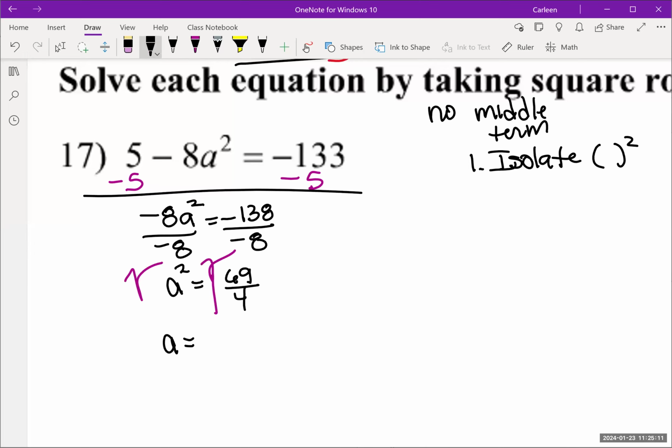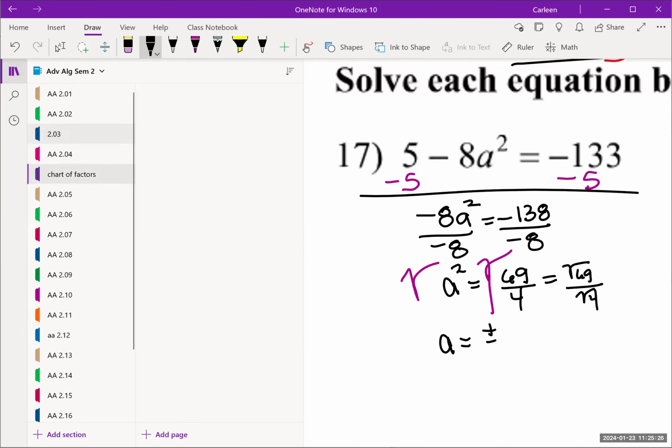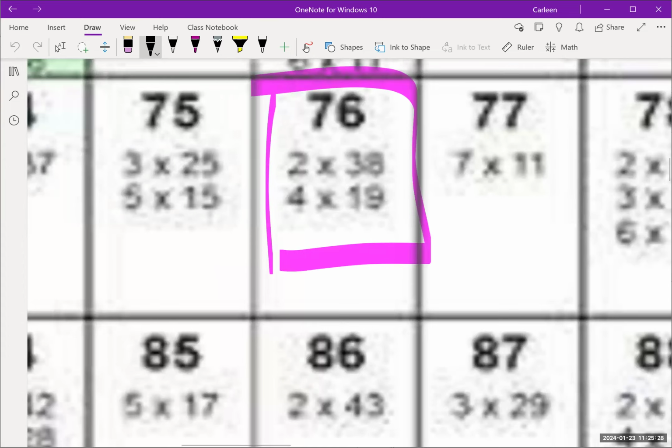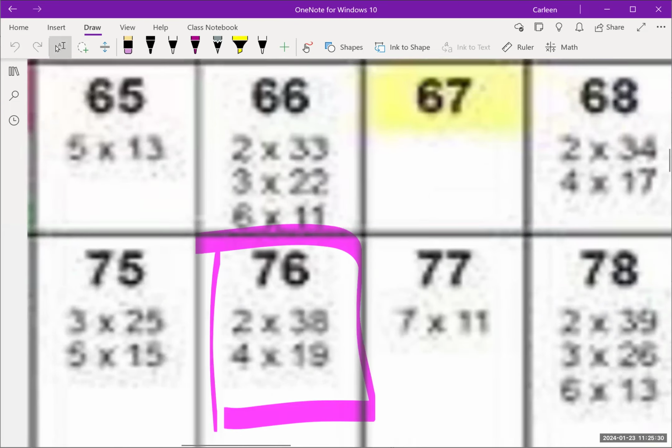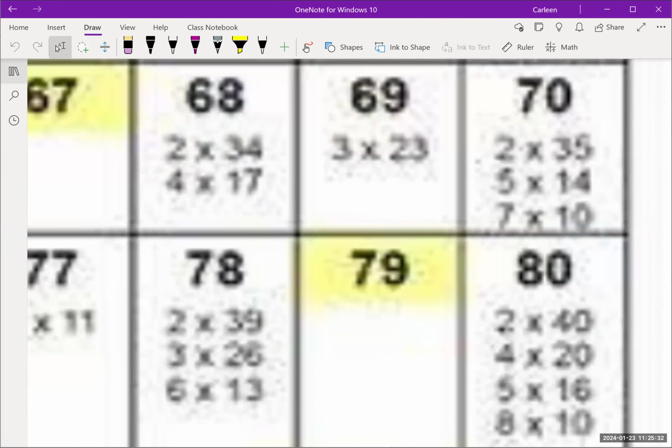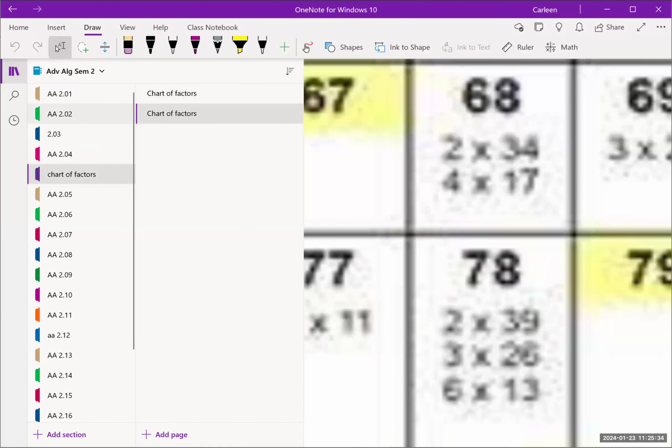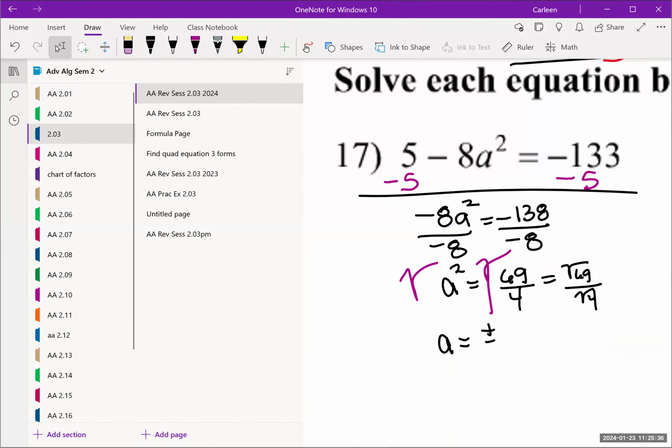Whenever you have x squared, you have two answers, plus or minus. Now, what I'm going to do is I'm going to split. 69 does not have a perfect square. No, 69 does not. Yay. We love numbers that don't need to be simplified.